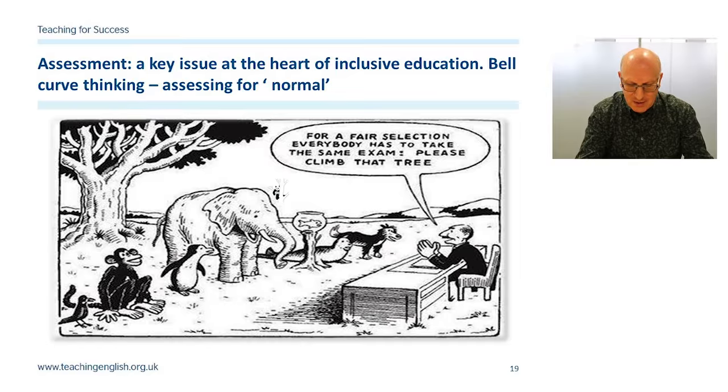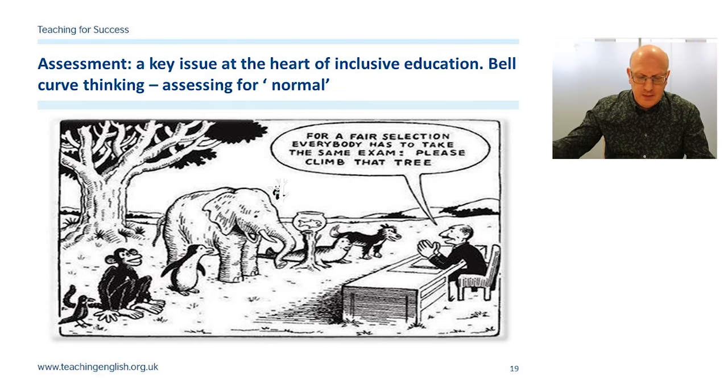One other aspect is what's often called the bell curve, and we often put learners into the middle bit of the bell curve, saying this is what normal learners should do, and it divides learners into normal and not normal. I think we have to get away from this. Again, this falls into the camp of prejudging what our learners are going to achieve.